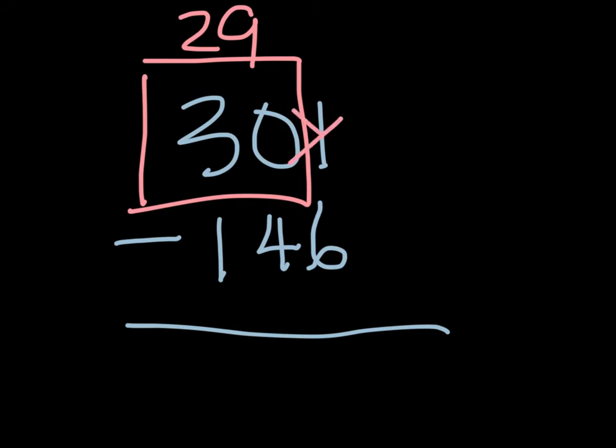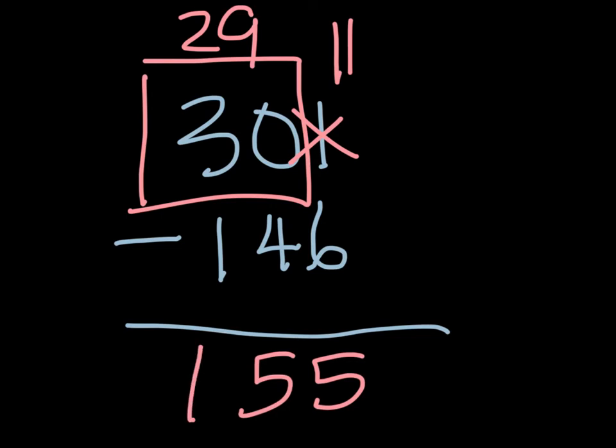Now the 1 turns into an 11 because I took 1 ten and turned it into 10 ones to give me 11. 11 minus 6 is 5. 9 minus 4 is 5. And 2 minus 1 is 1.